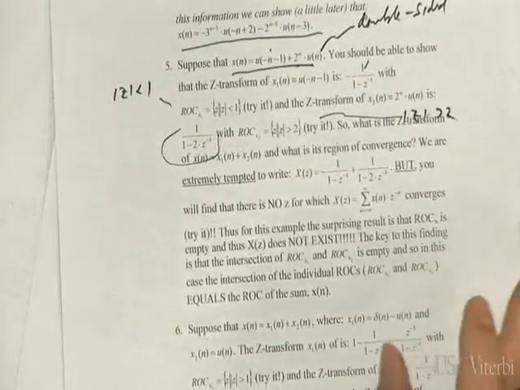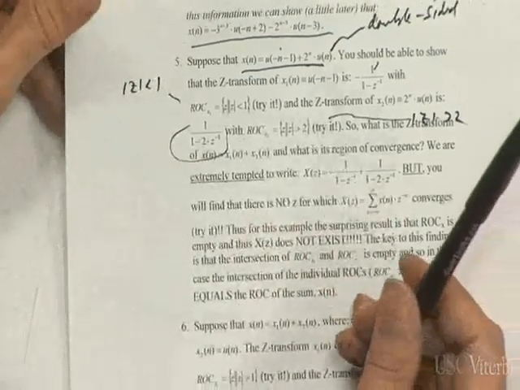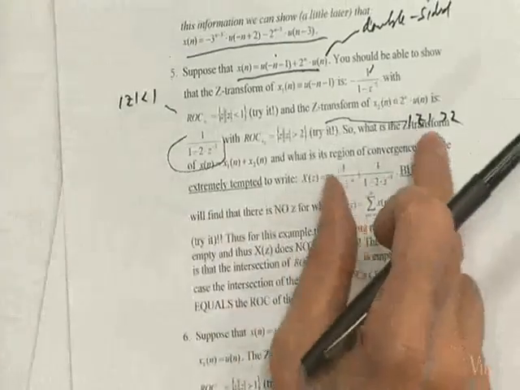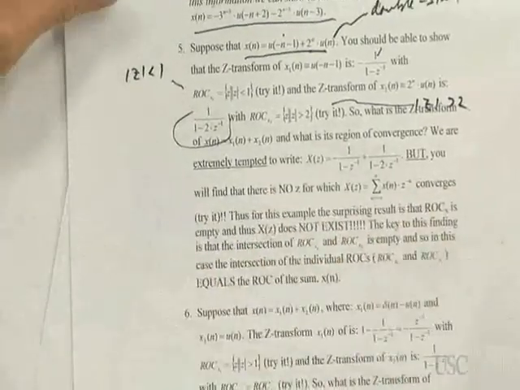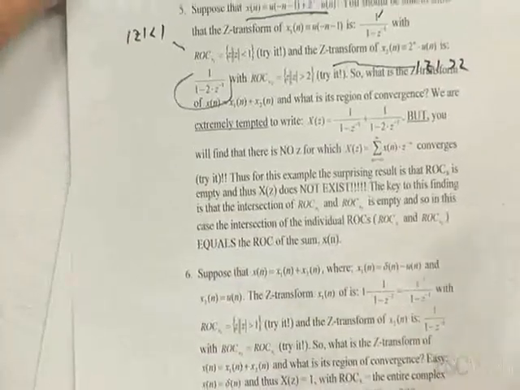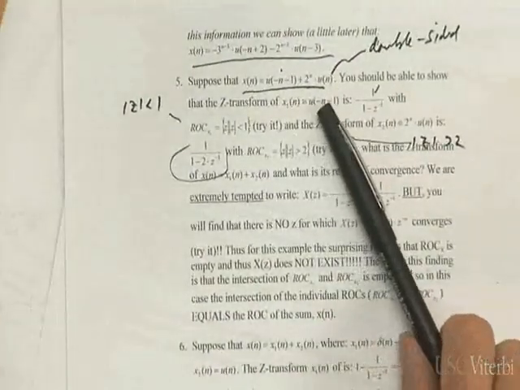Well, guess what? Surprise! There is, in fact, no z which can satisfy both of those at the same time. If z is less than 1, it won't be greater than 2, and vice versa. So as it turns out, there is no region of convergence, or you can say the region of convergence is empty, the null set, however you want to say it. So the truth is, these sequences are perfectly well defined.